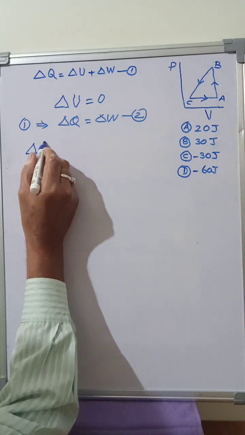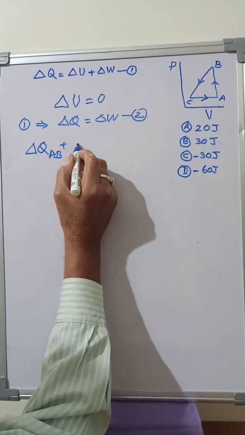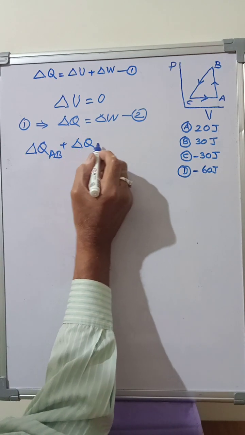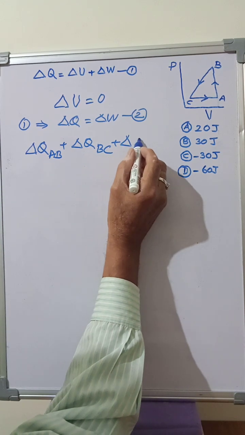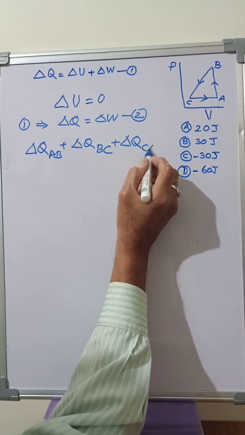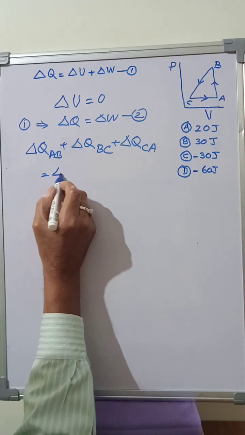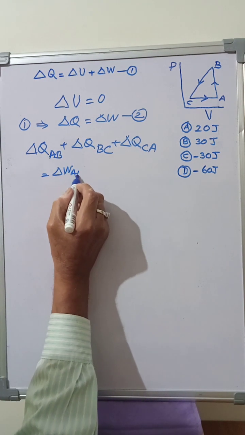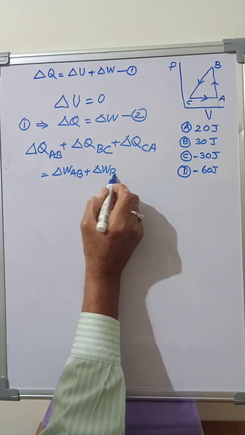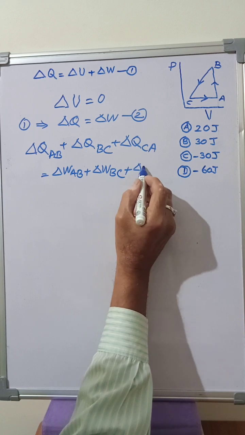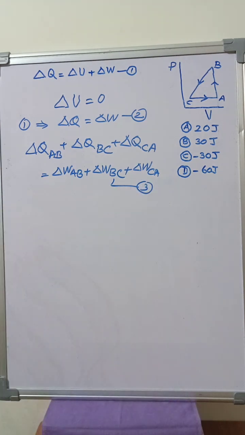Delta Q AB plus delta Q BC plus delta Q CA is equal to delta W AB plus delta W BC plus delta W CA. We'll mark this as equation 3.